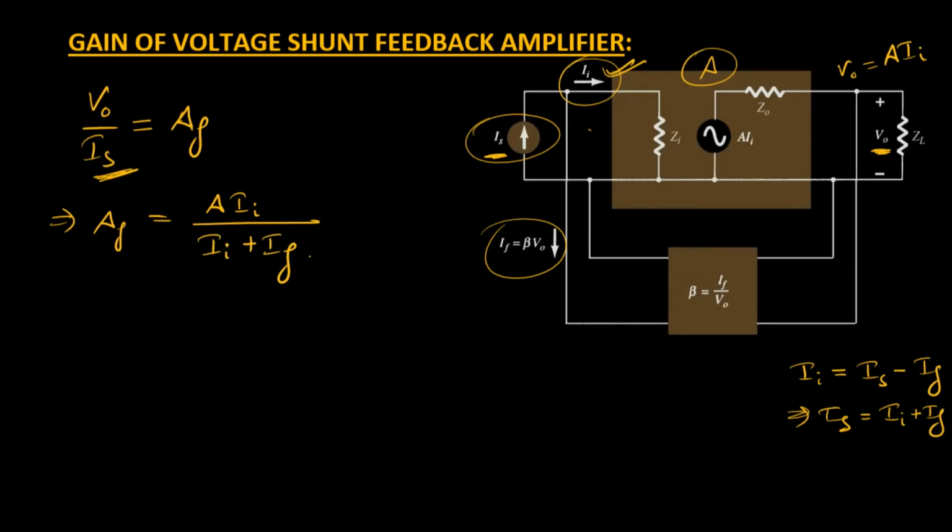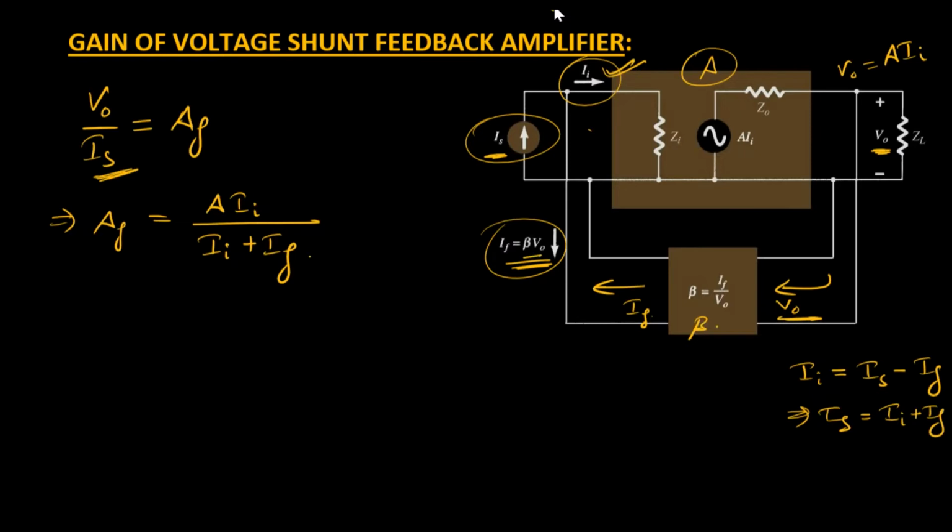Now we know that If is the output of your feedback amplifier, and the input value for this one is V0, right? So V0 will be the input and the output is If. So If is basically the input voltage multiplied with the gain of the feedback amplifier, that is beta. So it becomes beta V0.